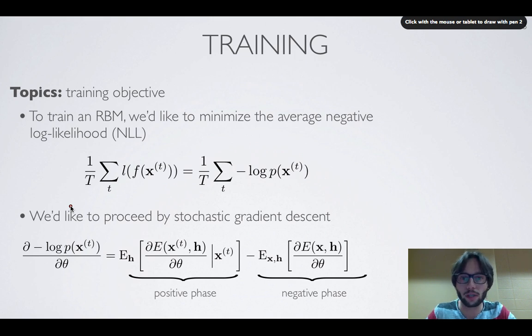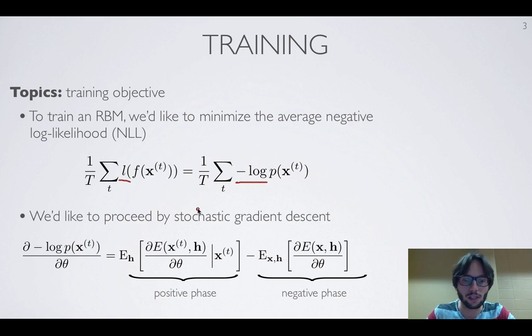We'll do without the regularization here and just try to minimize the average loss, where the loss is going to be the most natural thing here to do, which is to use the negative log probability as our loss for this model.